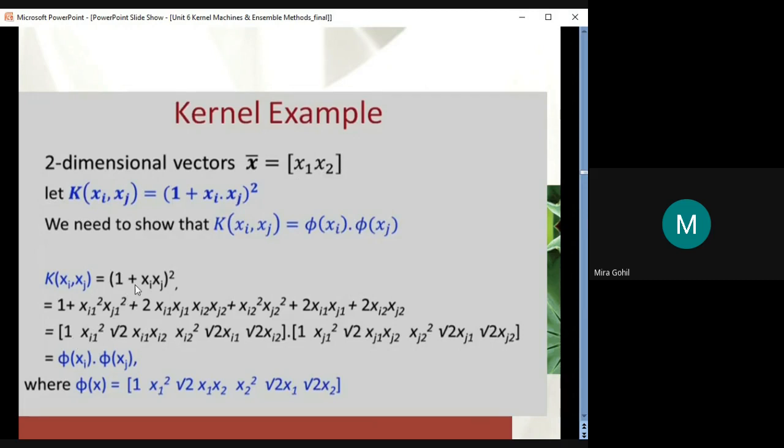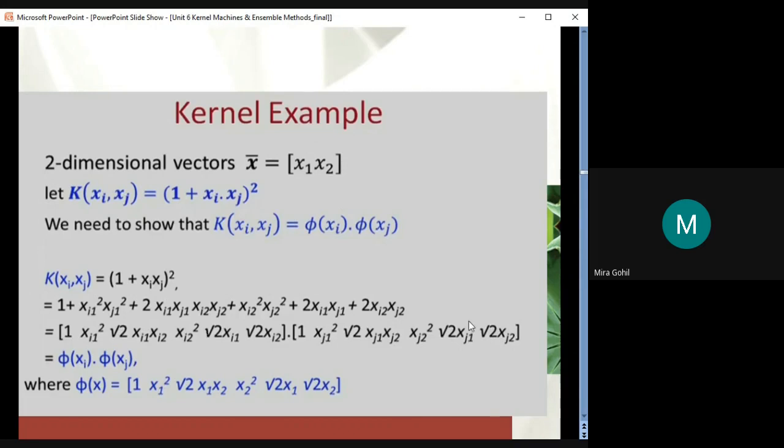Okay, so now if we want to expand this particular function, then we are having 1 plus 1 square plus xi xj, xi1 xj1 square plus 2 of xi1 xj1 xi2 xj2 plus the i product and j product square plus individual 2 xi1 xj1 and 2 xi2 xj2, because we are having two feature vectors for xi and two for xj.